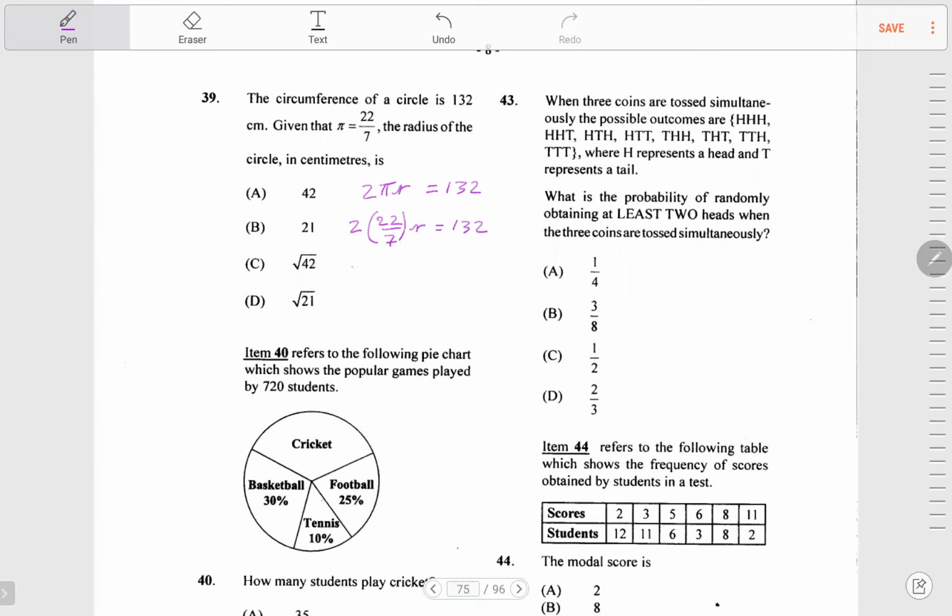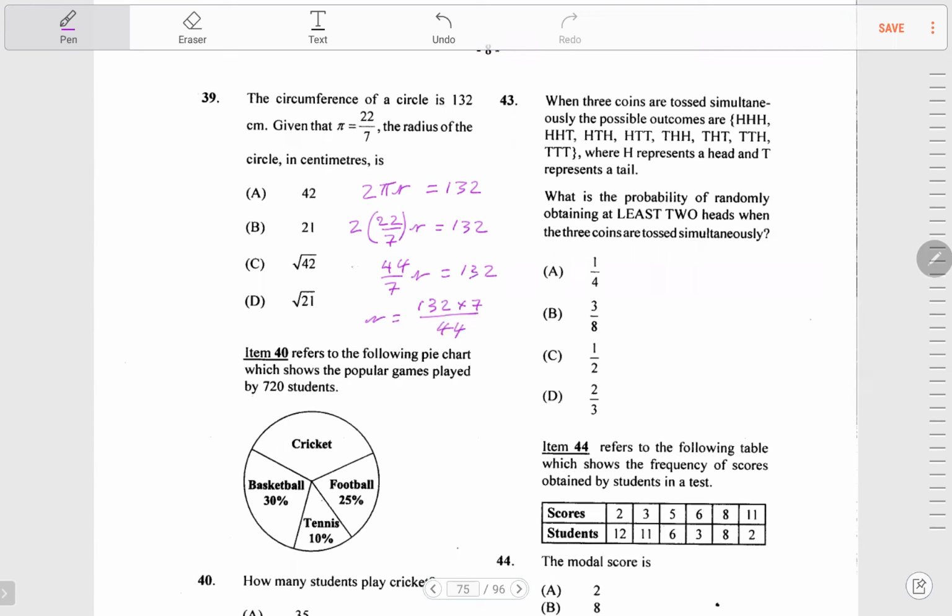That is 44 over 7 times the radius equals 132. So the radius then is 132 times 7 over 44.